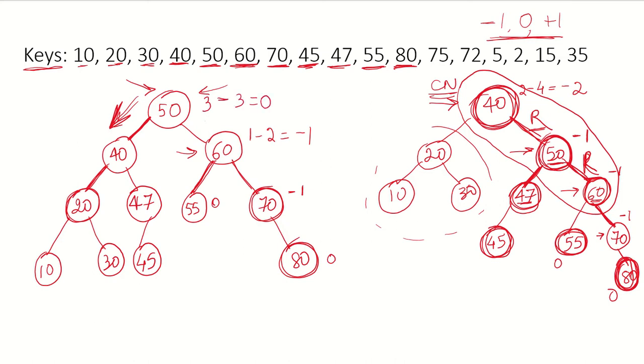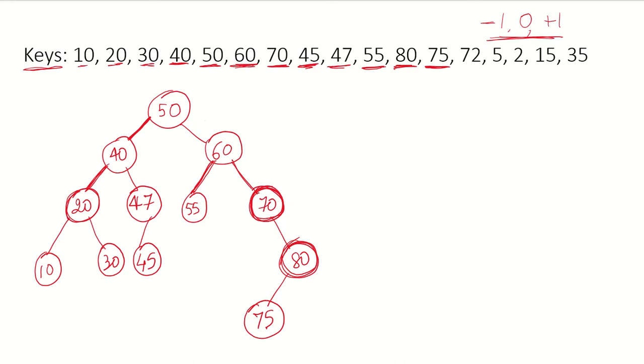So now the tree is balanced again. Now comes a new data value which is 75. We will see that it is greater than 70 but less than 80, so it will come as a node over here.